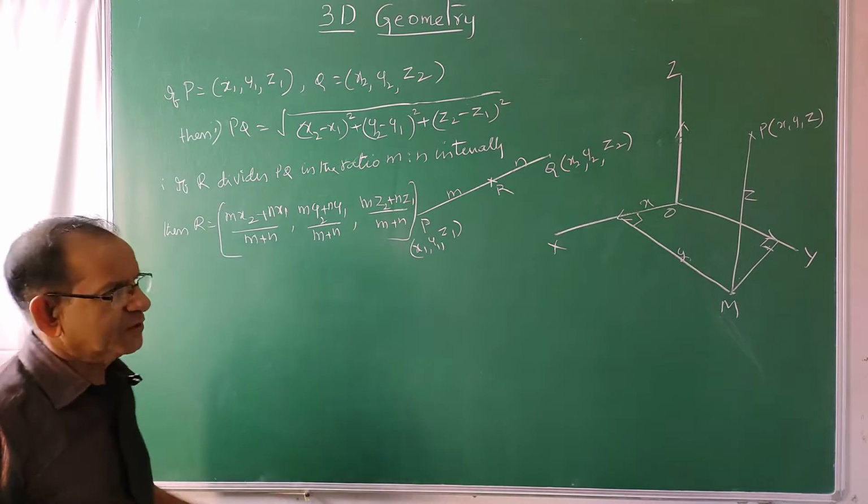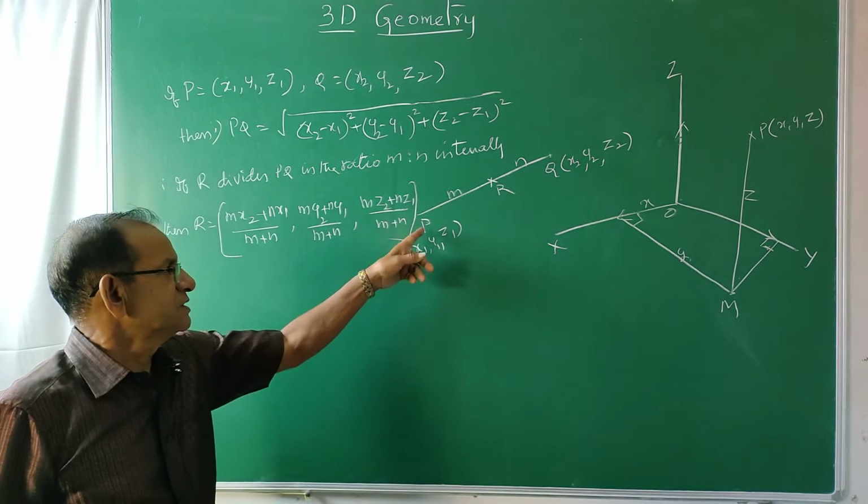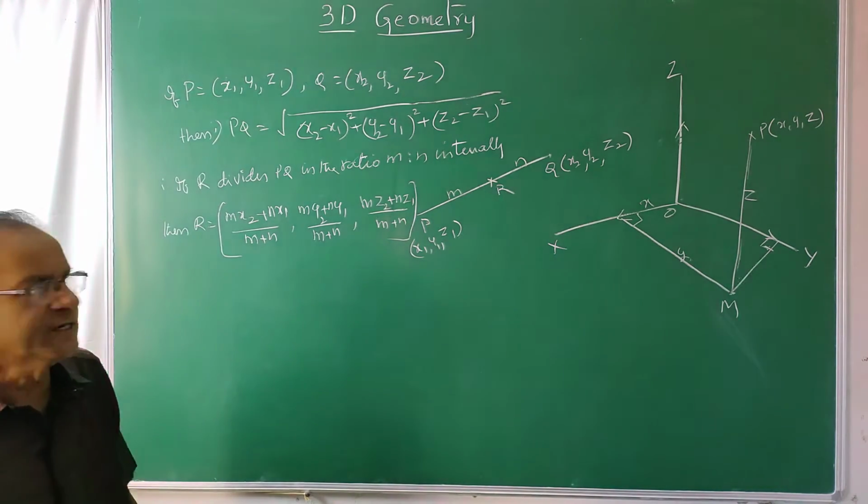So, these are the coordinates for the point which is dividing PQ in the ratio m:n internally.